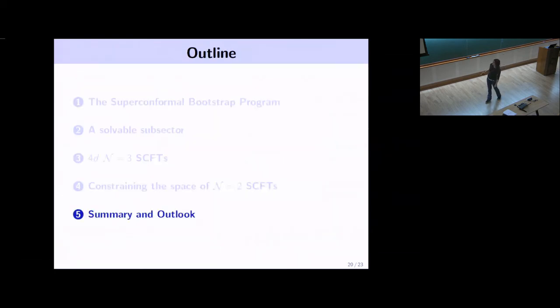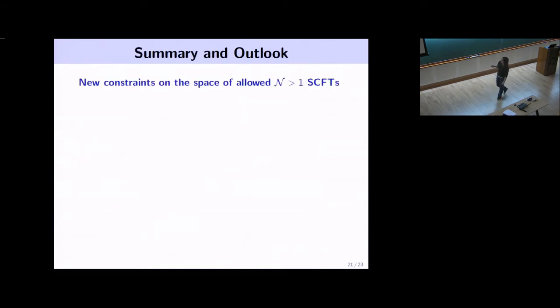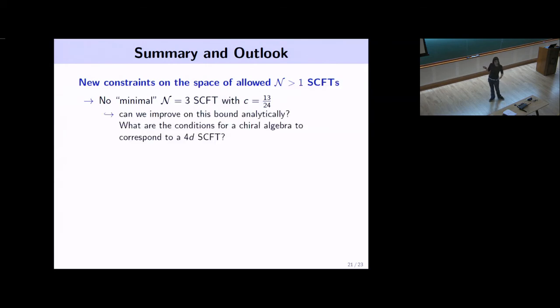So now to conclude, I've shown you new constraints on the space of theories with more than N=1 supersymmetry. And I argued that there was no minimal N=3 theory with this small central charge. Of course, we want to improve on this. So we want to start saying what is wrong with the theory that has a central charge slightly bigger. Is there some inconsistency I can find when I try to interpret it as a 4-dimensional theory?